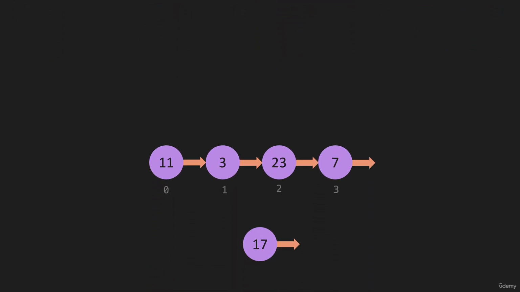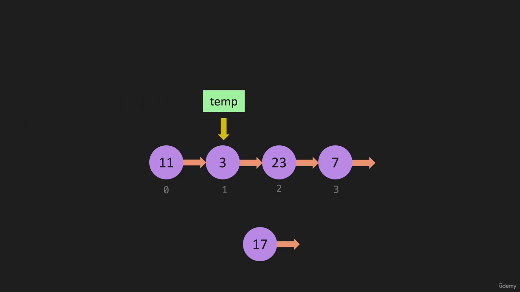Now let's look at putting this in somewhere in the middle of the list. Let's say we're going to put this in at the index of 2, just like that. How would we make that happen? So let's back this up and look at the steps to make that happen. One of the things we're going to have to do is have a variable that's going to iterate through the list to where we're going to insert this.